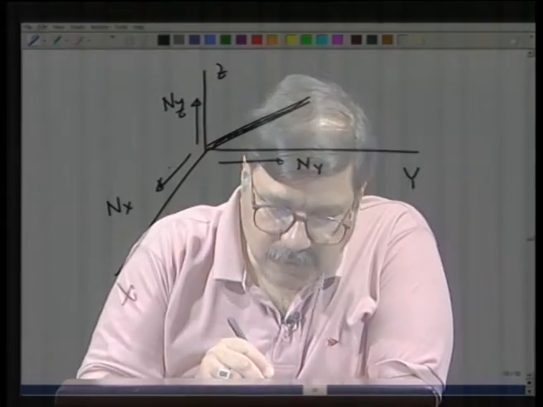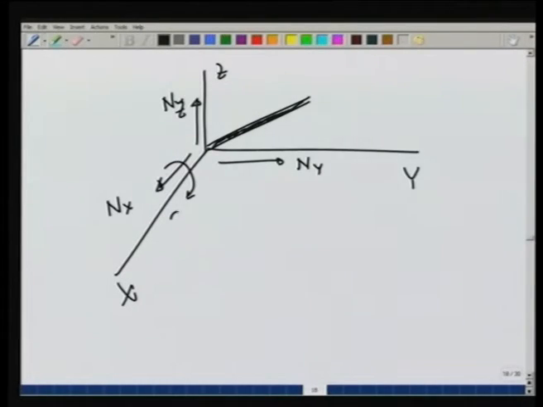Since it is fixed in the wall, using arguments that we use in say 2 dimensions, it can also provide a torque about the x direction, about the y direction, and about the z direction.